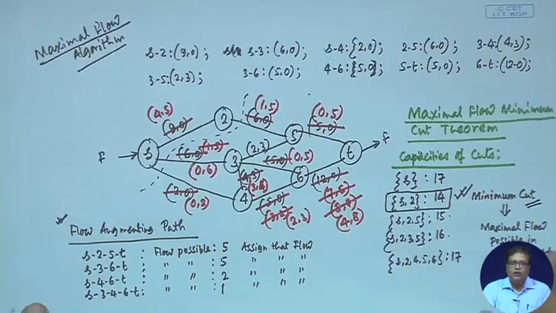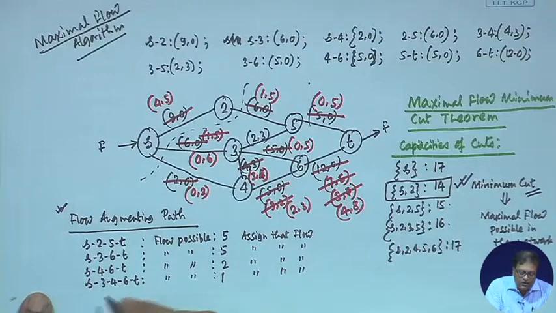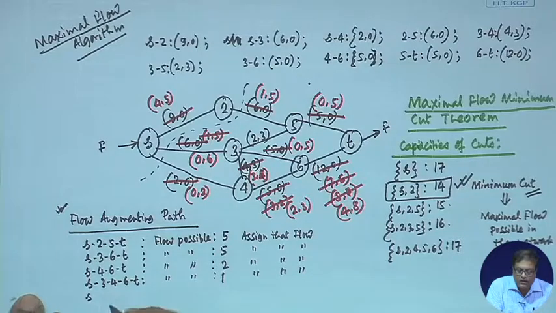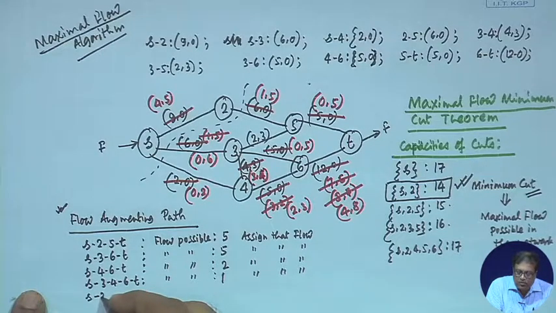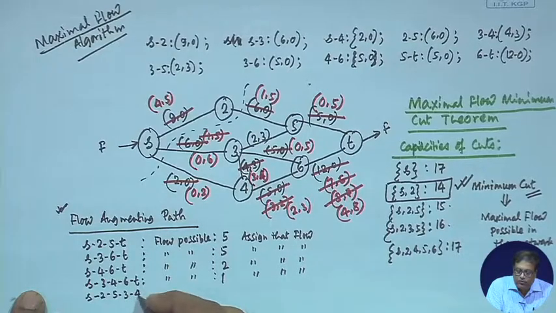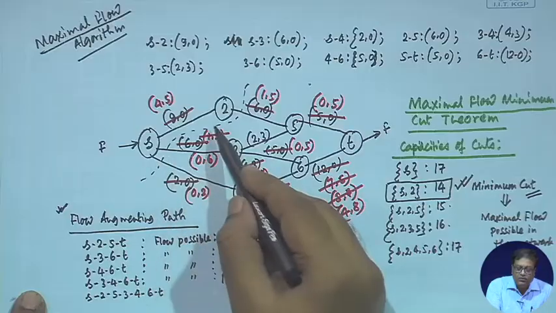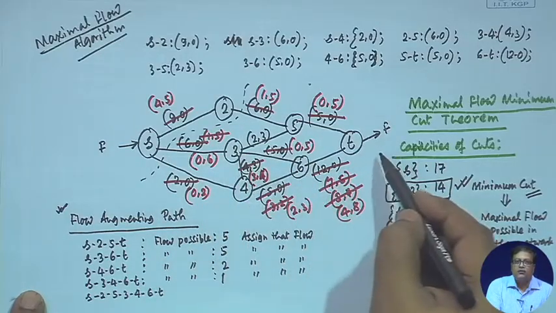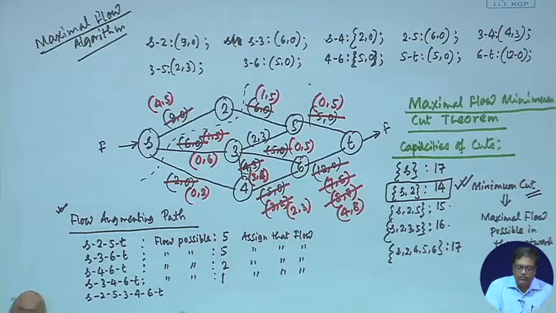So, another flow augmenting path is possible, that we might call S-2-5-3-4-6-T.